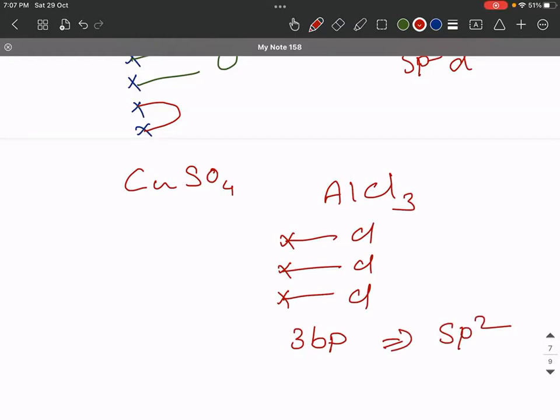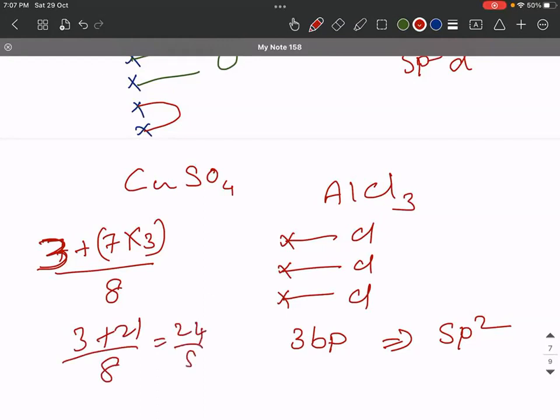Now coming to that AlCl3, aluminum is 3, 3 plus 3 sevens are 21, 24 by 8. What will you get? 3, no? Correct? Easy?